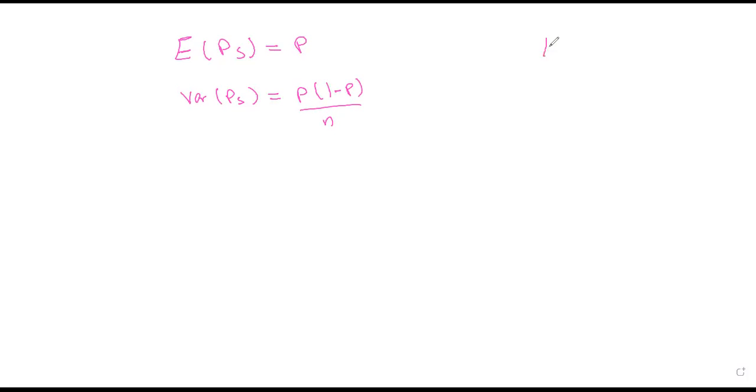And expected value of x bar is mu, and variance of x bar is sigma square by n. Right, Anjali? Do you remember this? And in the previous part, we have discussed how to find the confidence interval for mu.